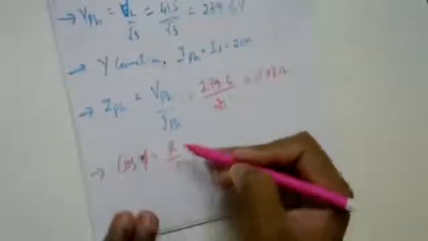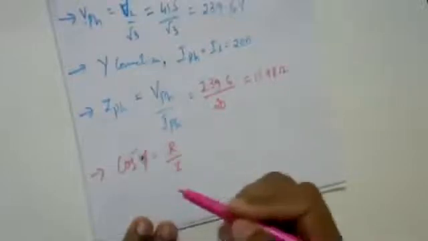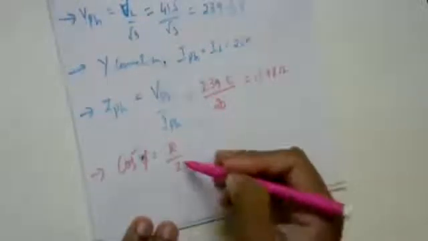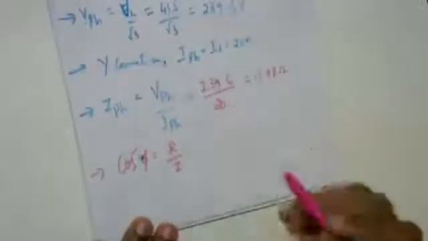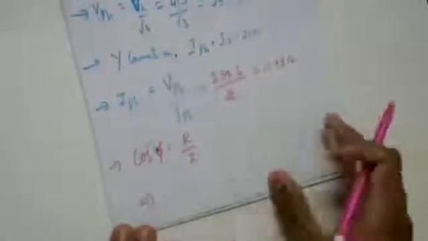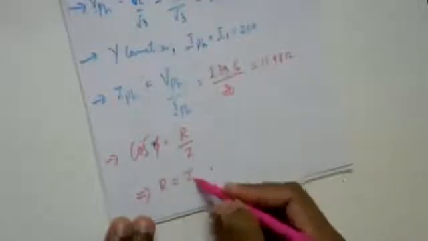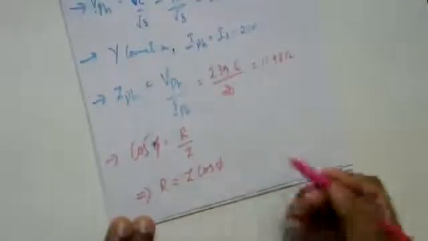So cos phi is R by Z. I know cos phi, this is given data, and Z I have computed, so I can compute R. This implies R is equal to Z into cos phi.